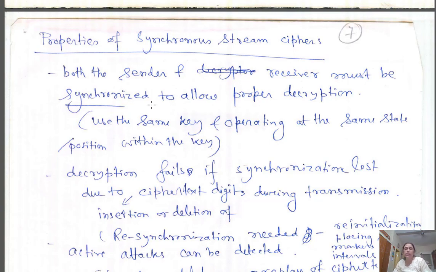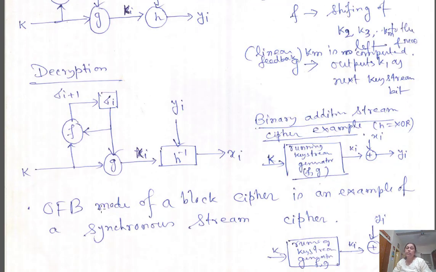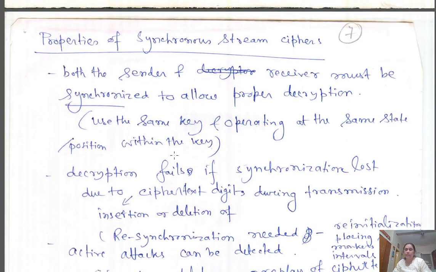Whenever the ith state is running here, for decryption the ith yi is needed. When you are using ki, this should be yi. So both sender and receiver should be synchronized to allow proper decryption.